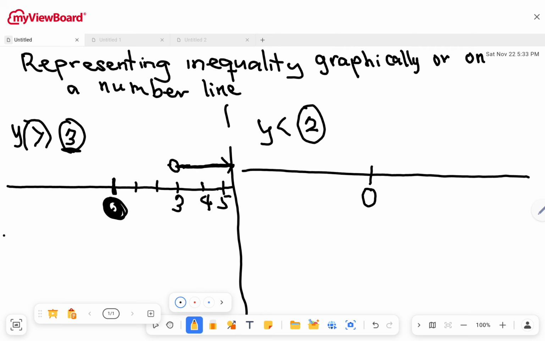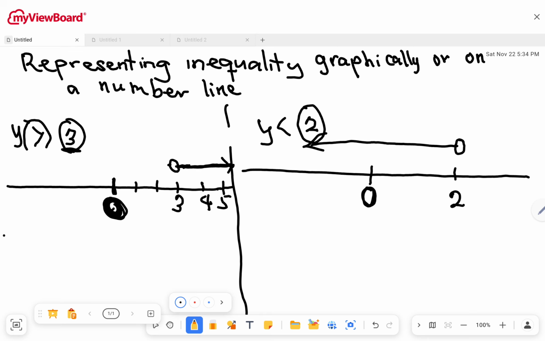Since it is positive, you bring it anywhere on your right hand side like this. Now we are seeing y is less than 2, and in reference to this 0 here, it means any number moving on the left side like this is less than 2. So after showing your arrow pointing to the left, you bring your circle.